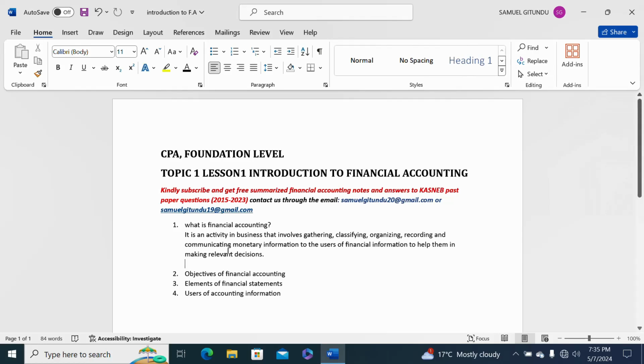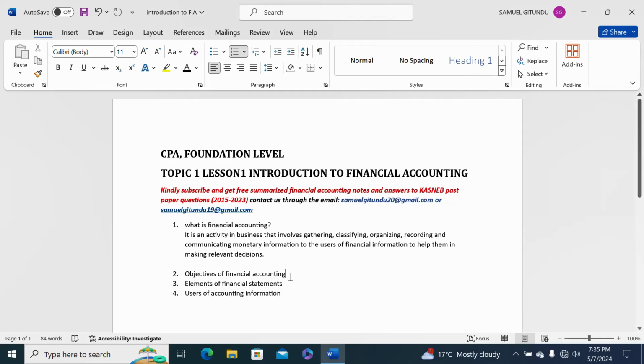That information is now communicated to the users to help them in making the decision that they want to make. So that is all about financial accounting. I repeat, financial accounting is an activity in business that involves gathering, classifying, organizing, recording, and communicating monetary information to the users of financial information to help them in making relevant decisions.